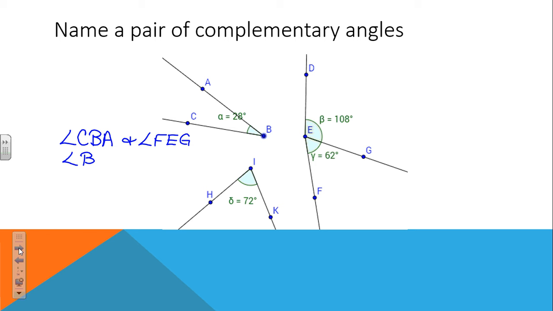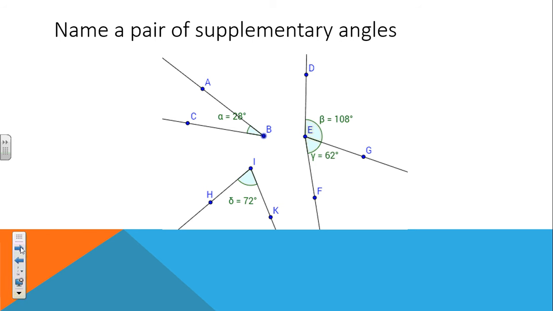We're asked to find a pair of adjacent, sorry, not adjacent angles, a pair of supplementary angles. So keyword supplementary, it's like supper, right? Big meal. So what does that mean? 180, they have to add to 180. You're ahead of me. So which ones did you get?